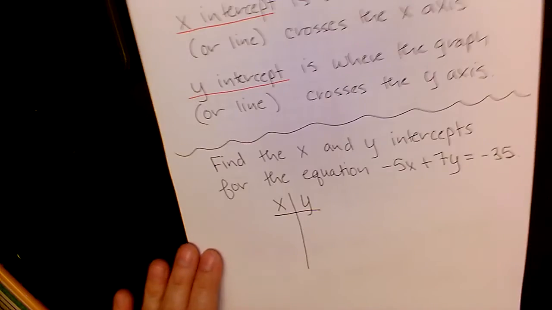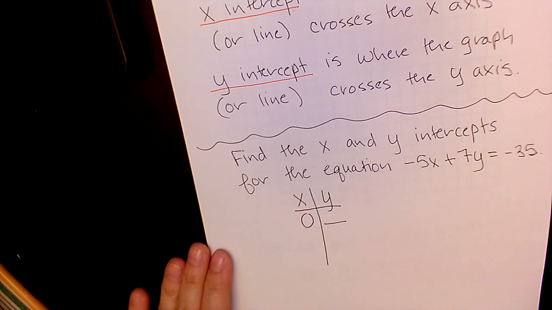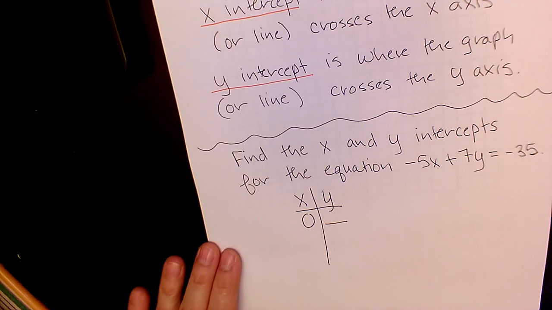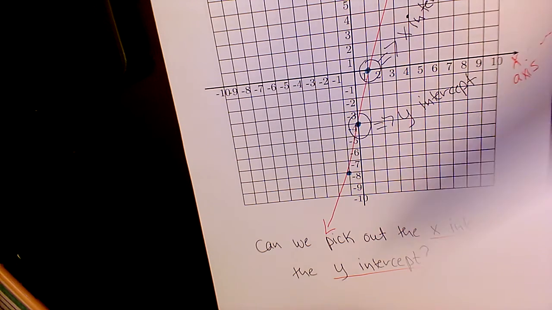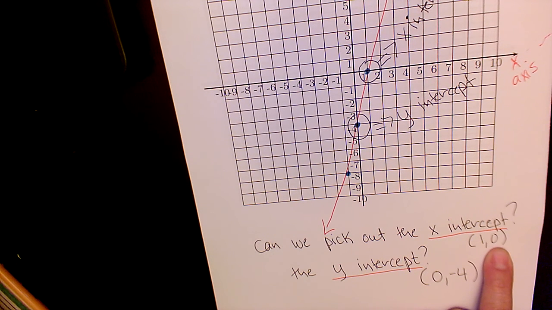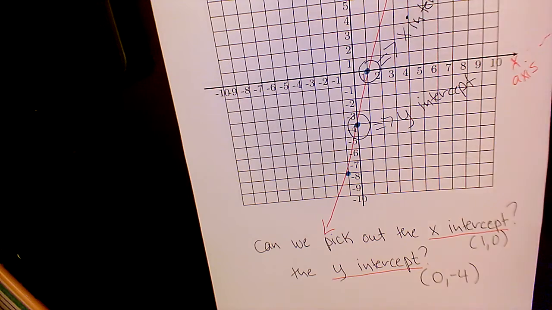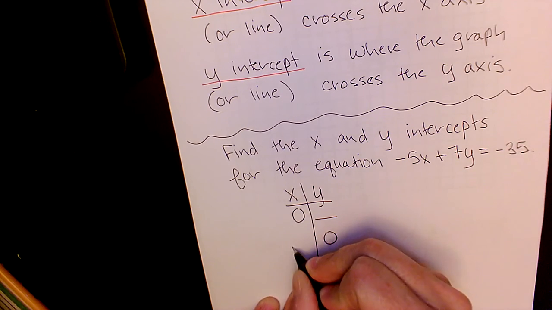So I'm going to put a 0 in here, and we're going to find the y-intercept by finding y. And what did we notice for the x-intercept about the y-coordinate? It was 0. So for the x-intercept, I'm going to put y as 0.